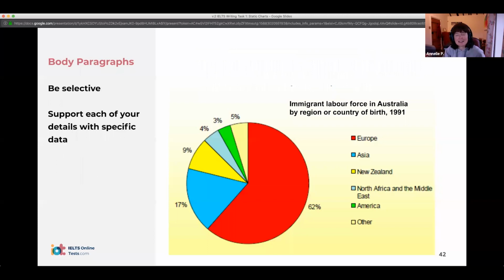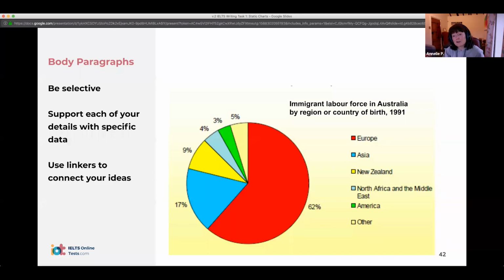So just a little bit of advice before we start. In some of the tables that you can get, there are a lot of numbers, really a lot of numbers. In that case, you've really got to be selective. You don't want to just be listing lots of figures. That's just mechanical reporting.